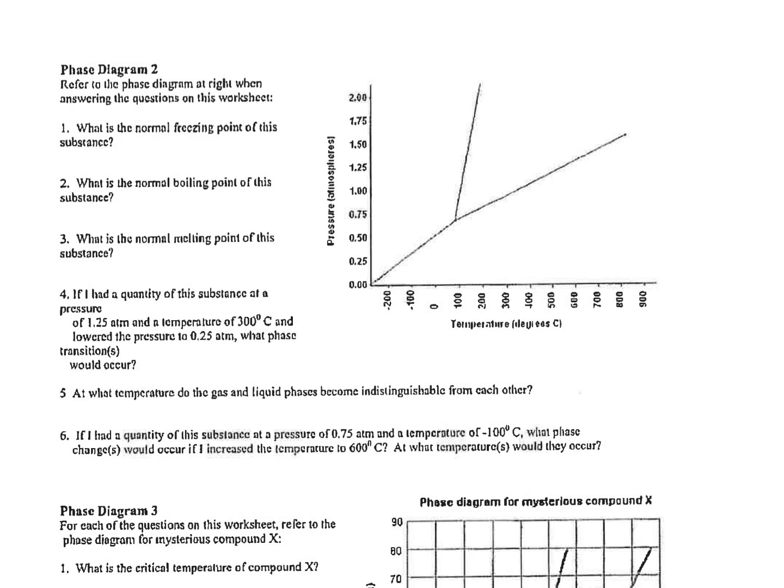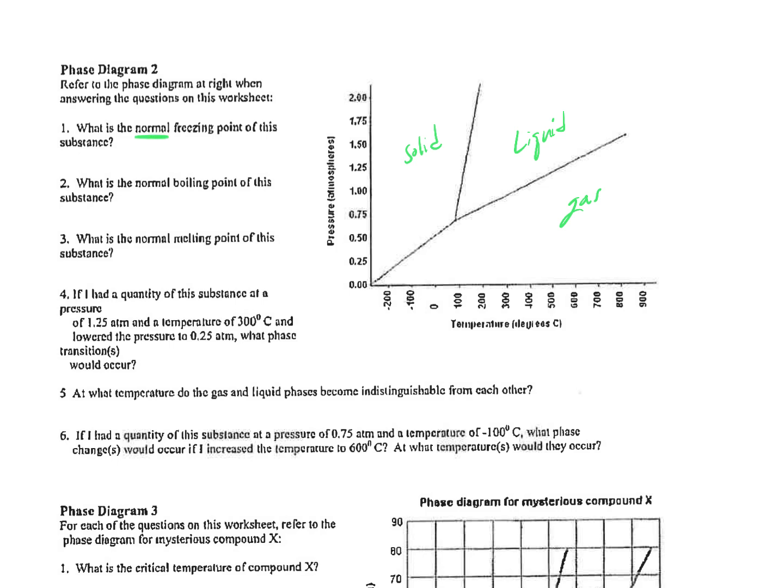All right, on the next page here, I'm going to fill this in as solid and liquid and gas. All phase diagrams are going to go in that order: solid, liquid, and gas, just as you see it. What is the normal freezing point of this substance?